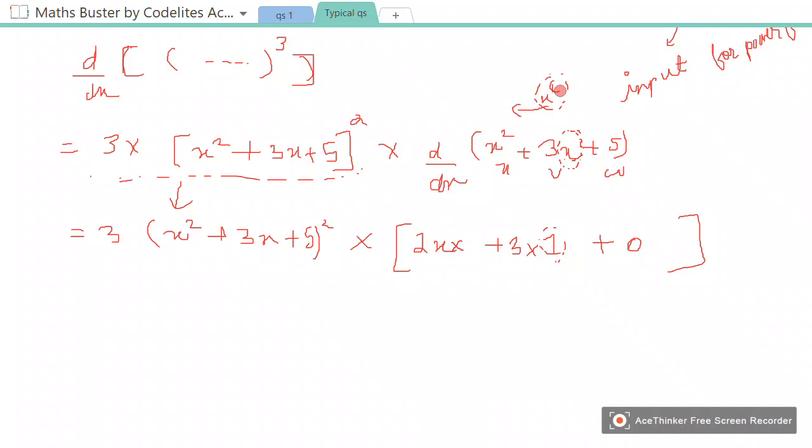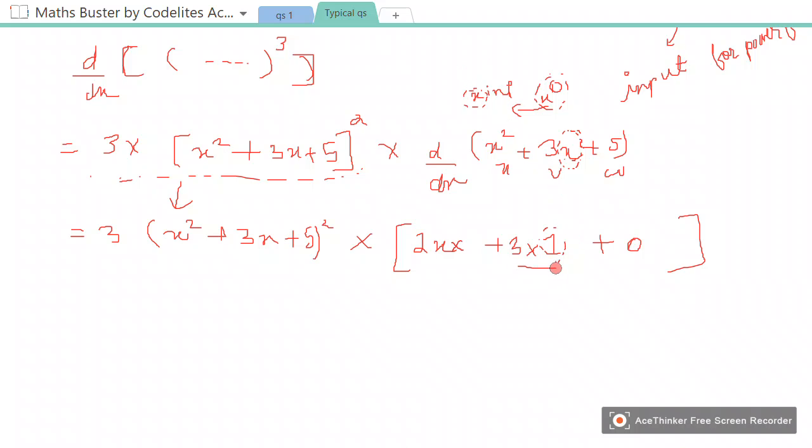Power is your 1, so the power function is getting applied on the x input. Now after differentiating this x input there is no other input or function remaining, so we end here.